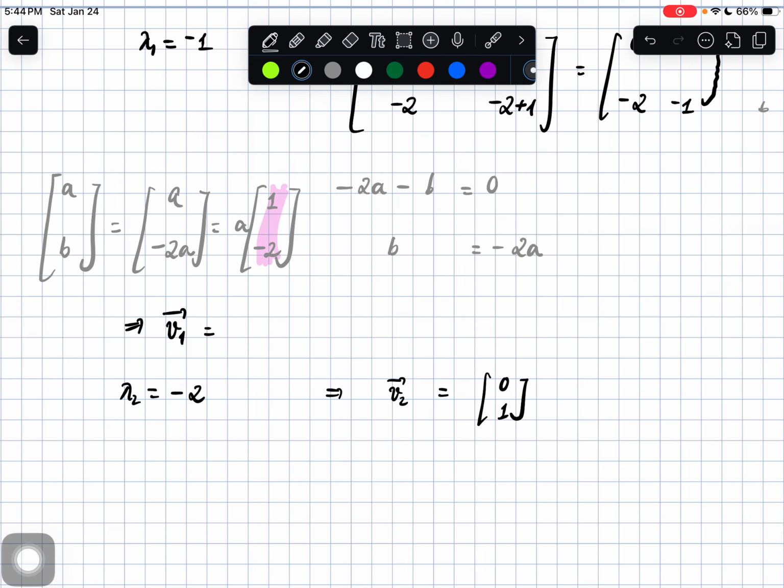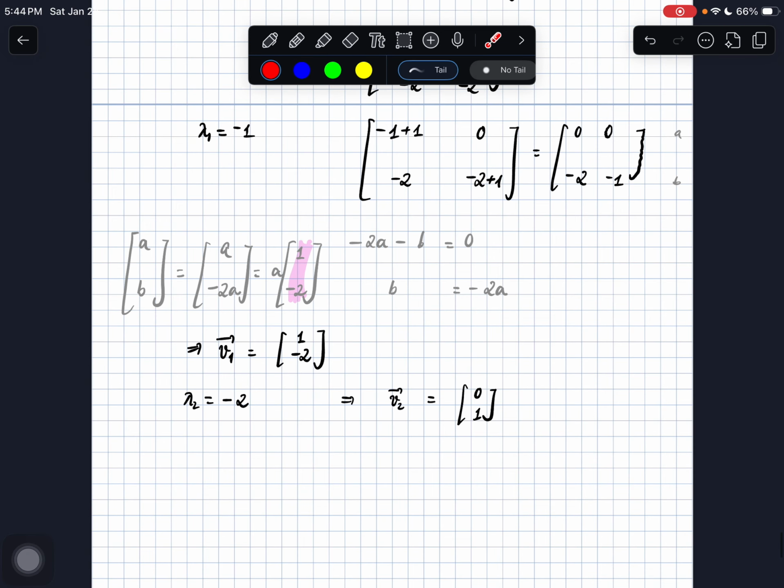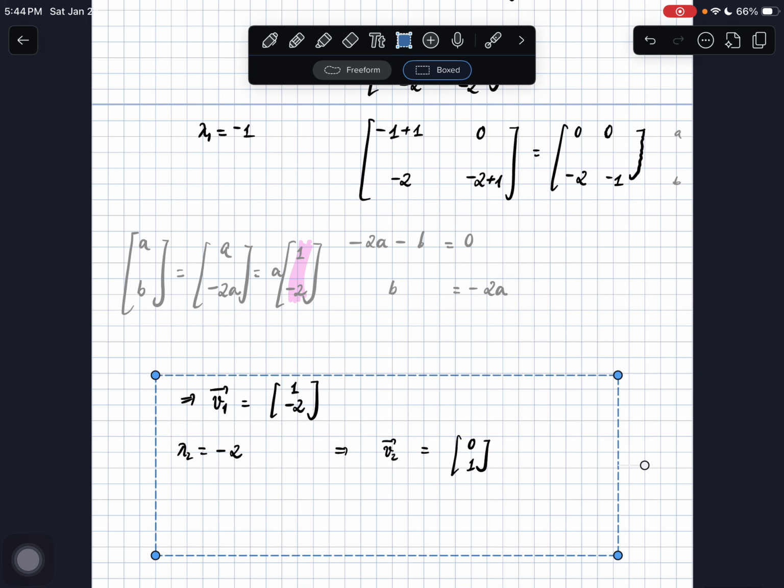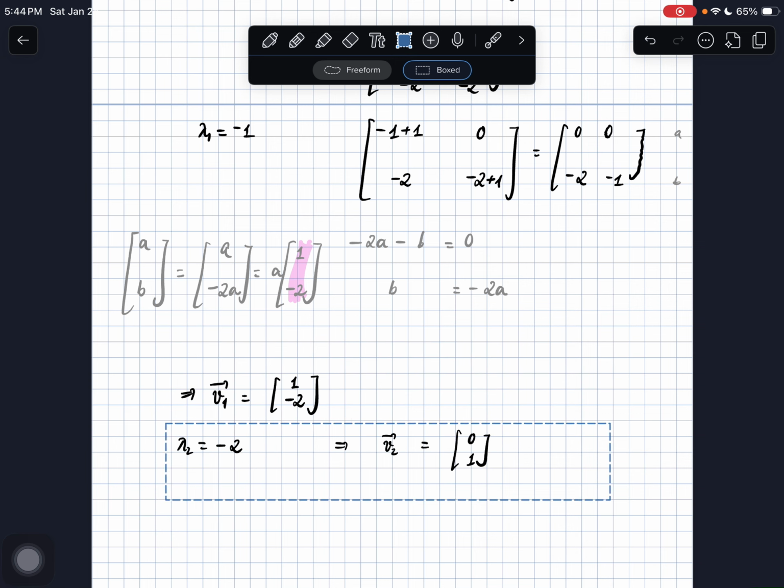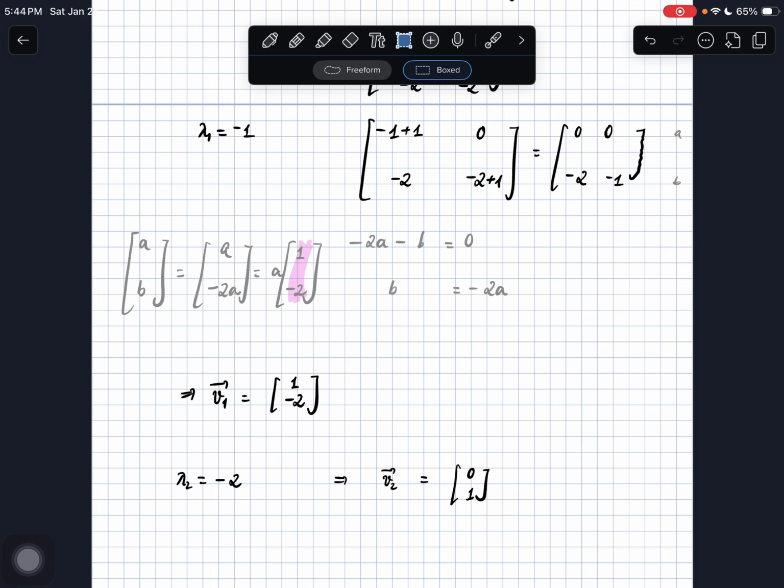V1 is 1, minus 2. Now we have the two eigenvectors.